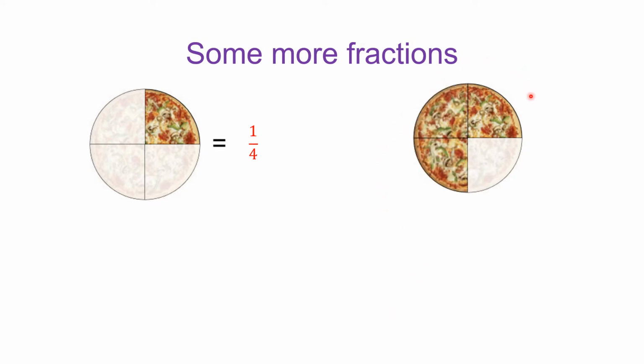Look at this picture. In this picture, we have 4 equal parts. Here we can see 3 pieces of pizza. 3 out of 4 equal parts. So it can be represented as 3 by 4.